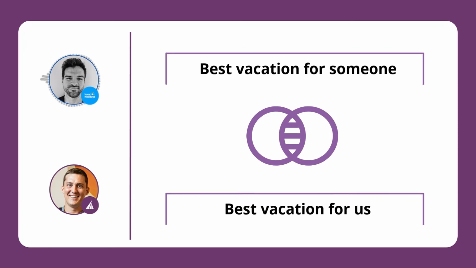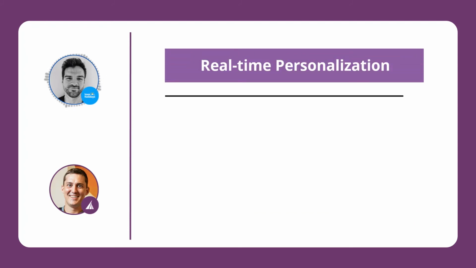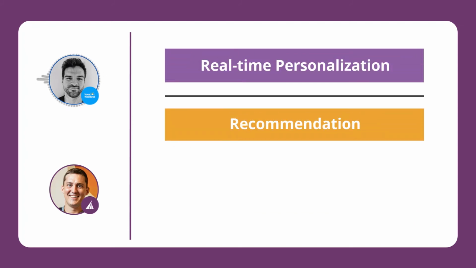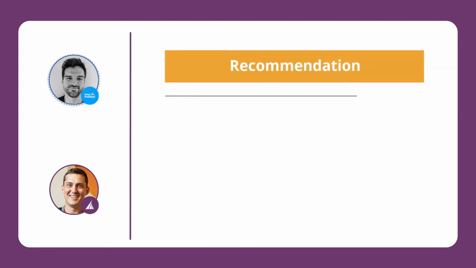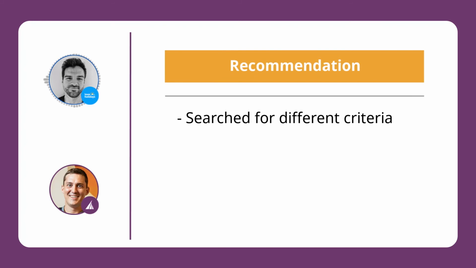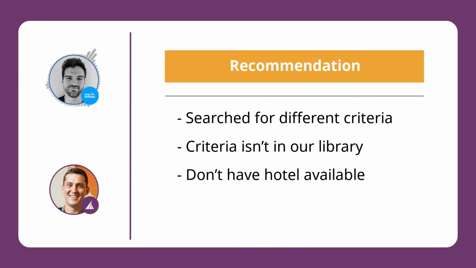The second part we're going to do with personalization is recommendations for when customers don't find the vacation they want. Maybe you've searched for criteria that isn't in our library. Maybe we don't have that hotel available on that day, or we don't have any flights.